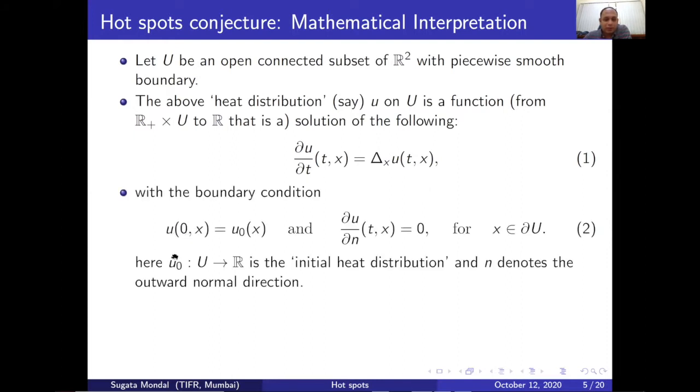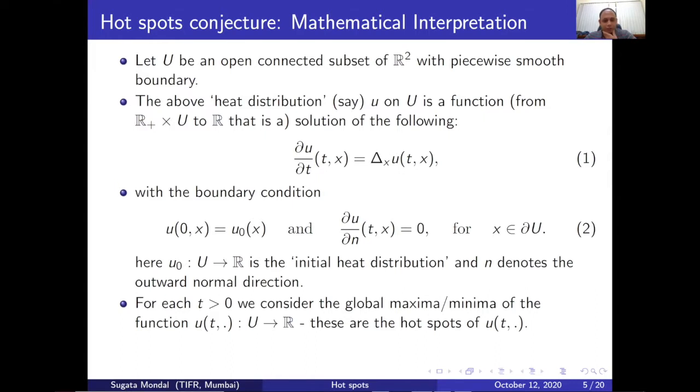At t = 0, when you start the process, you have some nice function u_0 that is given by the initial heat distribution. And since you have an insulated boundary, you have this Neumann boundary condition, namely the normal derivative of this function u at every point on the boundary, for every time, is 0.